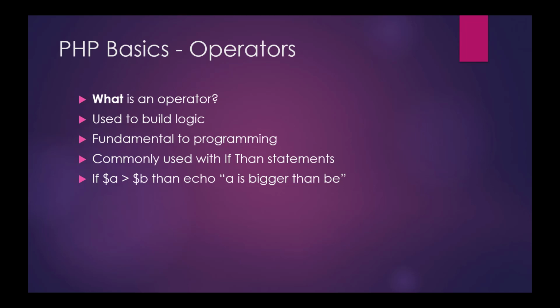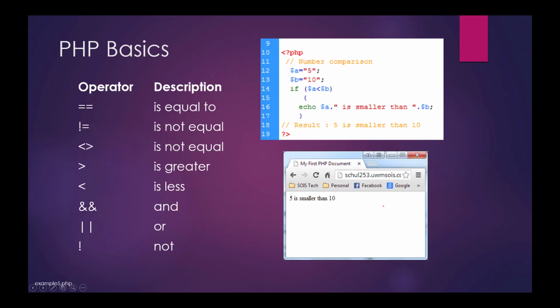So these are the syntax for PHP operators, or at least the basic ones. In general, we've got == means is equal to. An exclamation point generally will always negate whatever's after it, so != means is not equal to. There's also another way to do is not equal to, but generally this one's more popular.